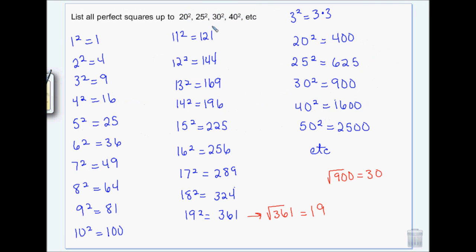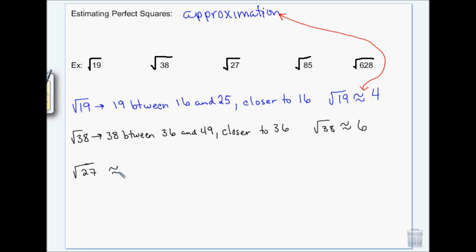Okay, so square root of 27, what's 27 close to? It's close to 25, right? So this is approximately 5. Look on your perfect square list, what is 85 close to?